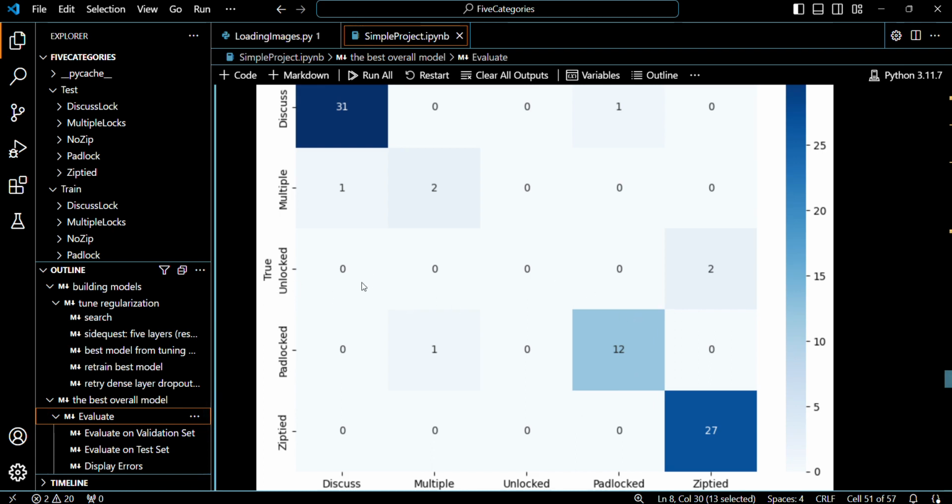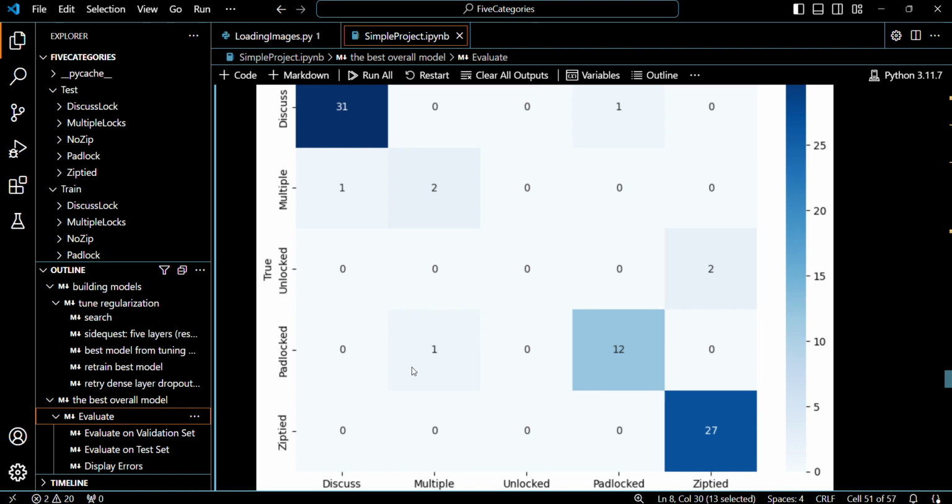Look, unlocked. It does not mistake an unlocked latch for a locked one. Perfect. Locked. The model does not misrecognize any locked state for an unlocked state.